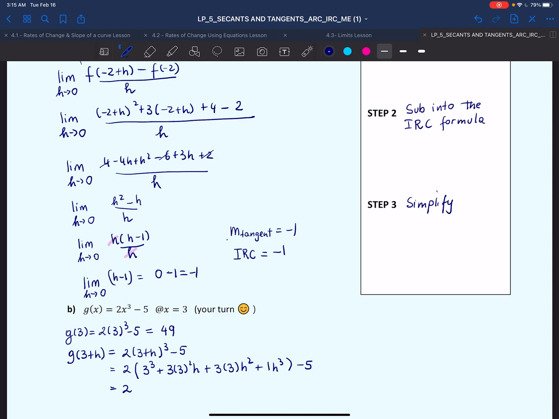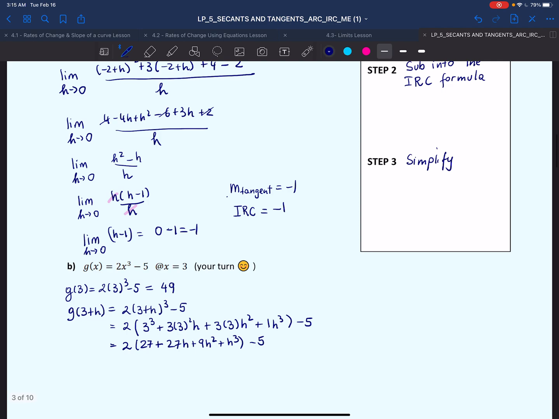So that would be 27 plus 27h plus 9h squared plus h cubed minus 5. So that would be 54 plus 54h plus 18h squared plus 2h cubed minus 5.